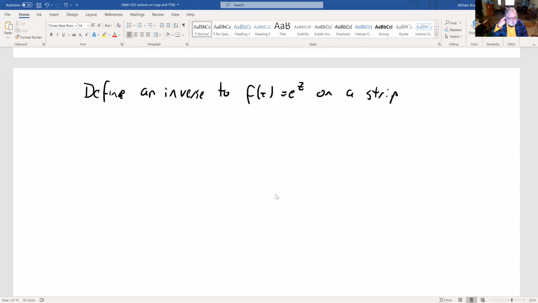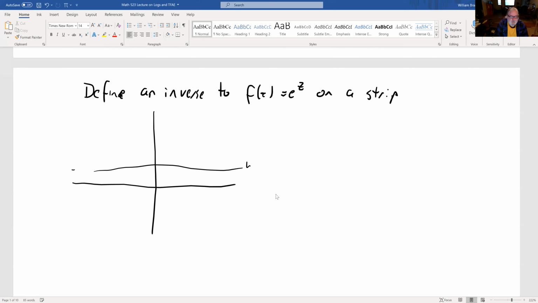we can define an inverse to f equals e to the z on a particular strip. So if I take, there's b, and then we'll put a dotted line up here because we're not going to include this one. But that's y equals b. And then this is y equals b plus 2 pi.